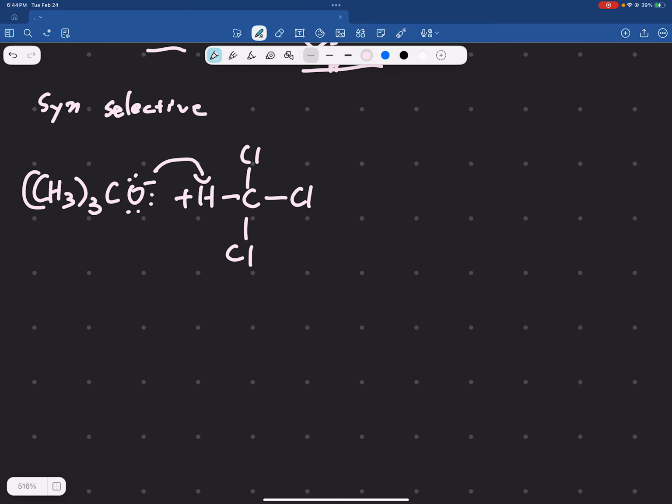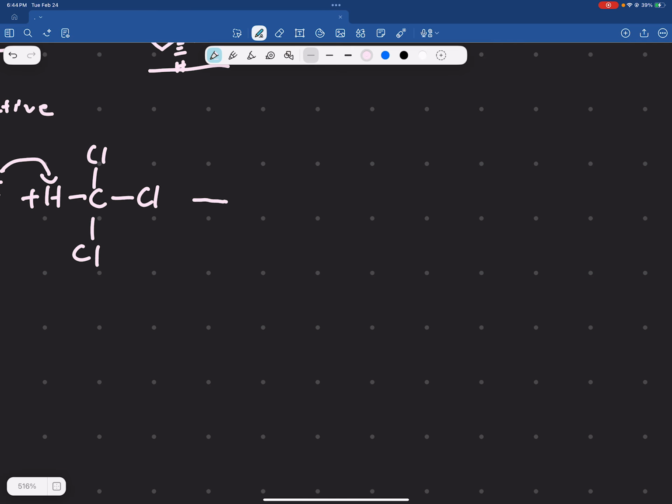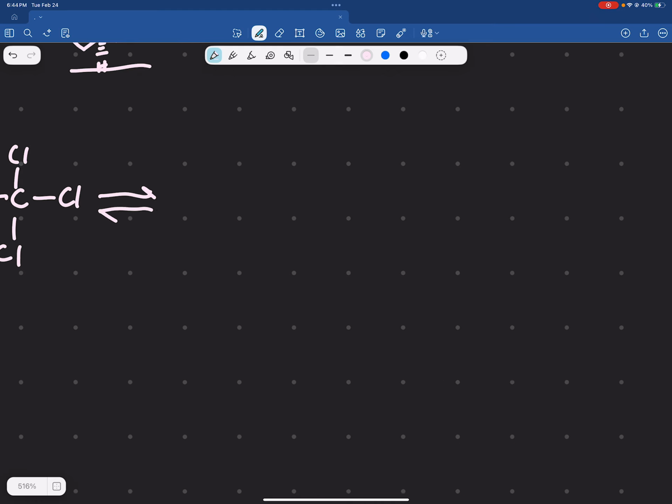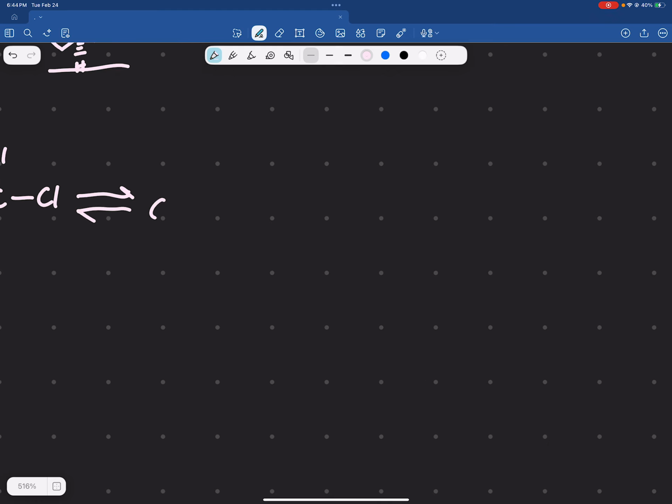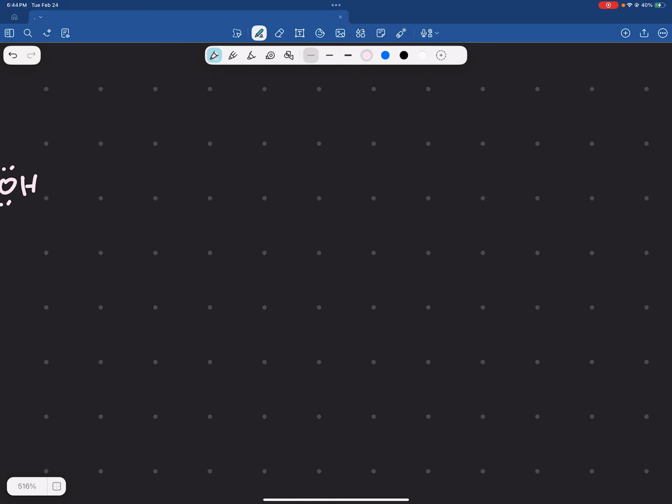So this is going to attack the hydrogen of this chloroform, and it's going to form this tert-butyl alcohol and this trichloromethylide ion.